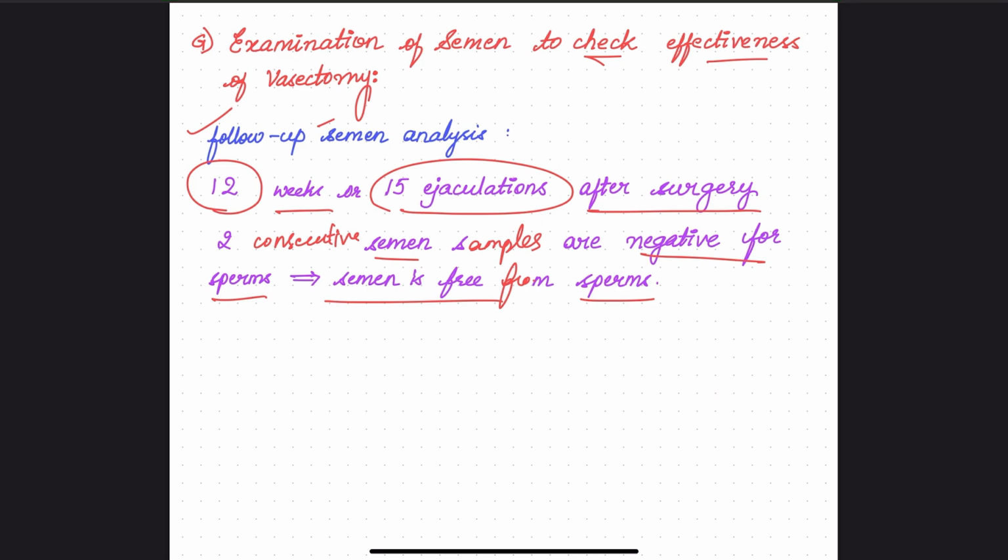You collect two consecutive semen samples. If both consecutive samples are negative for sperms, then the vasectomy is successful, and semen is totally free from sperms.